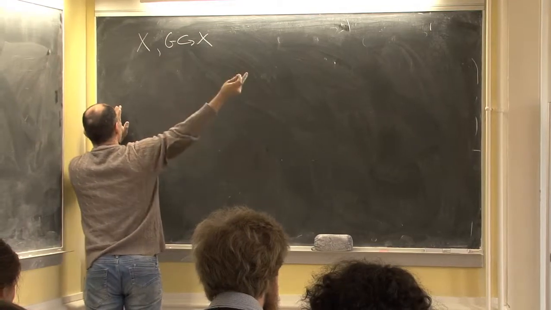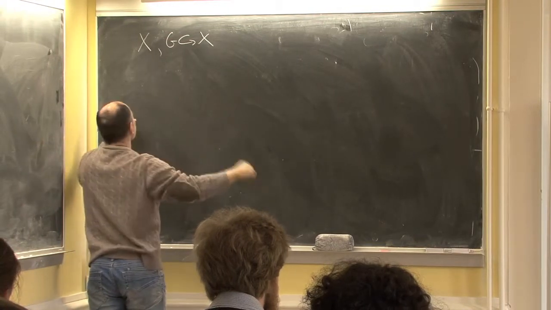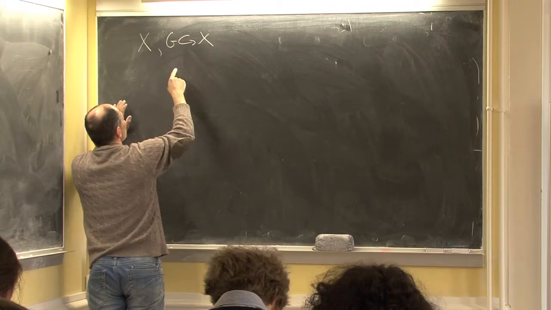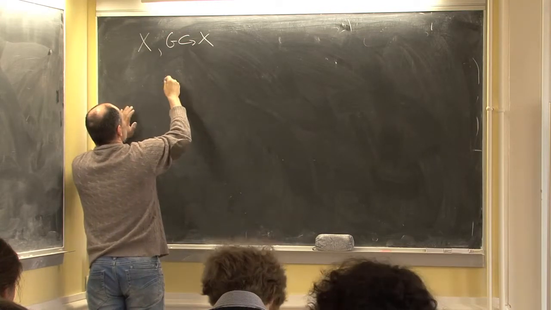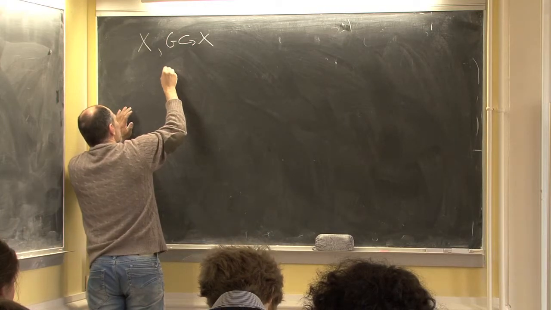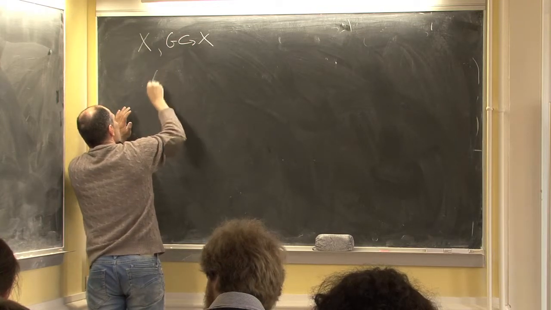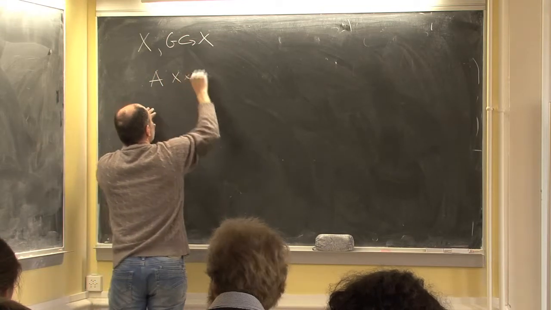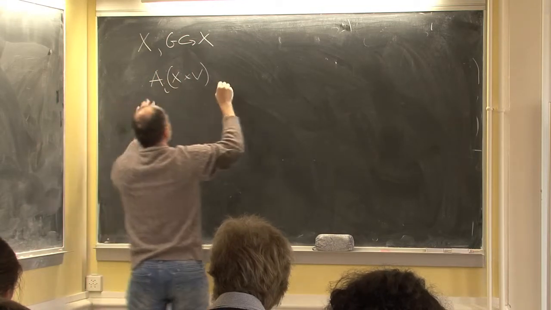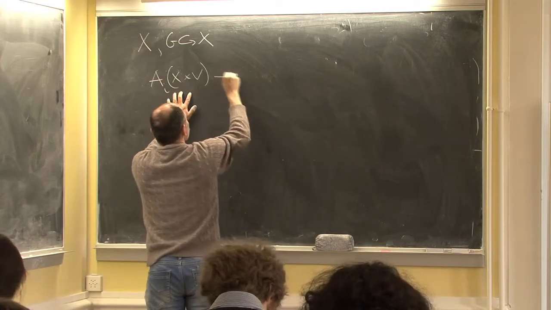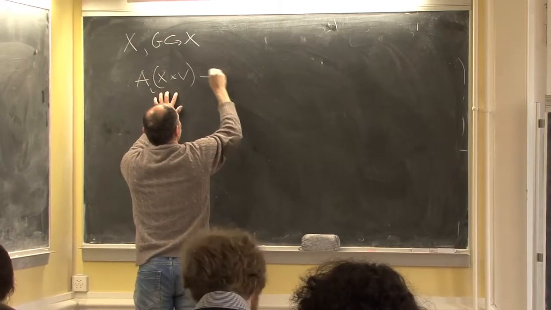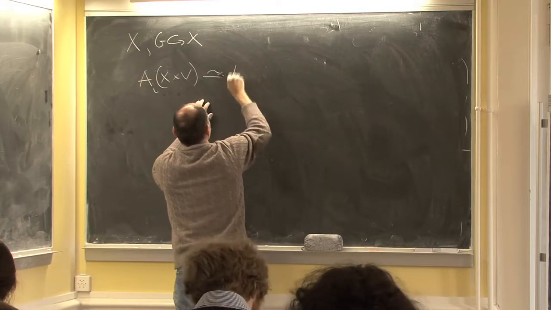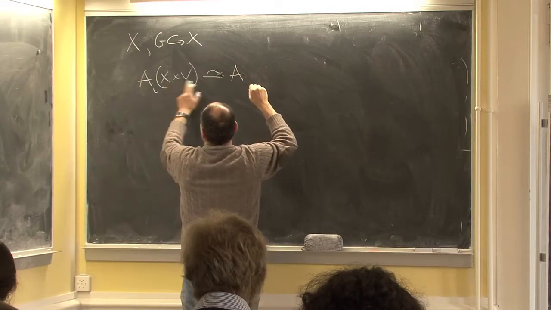I look at whatever is described there in that thing. And now the point is that clearly the Chow group of X cross V will just be a push-up.